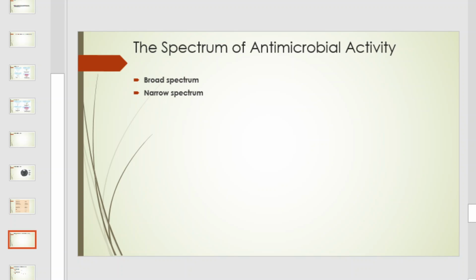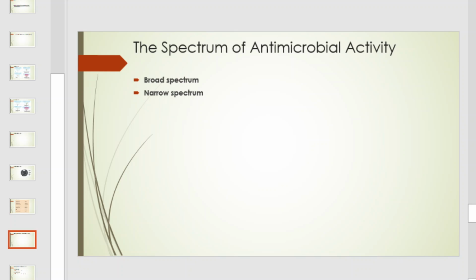Finally, with regard to antimicrobial activity, we need to consider that some antimicrobial drugs are broad spectrum and some are narrow spectrum. These terms can be used in the same regard as pesticides, which carry similar names.